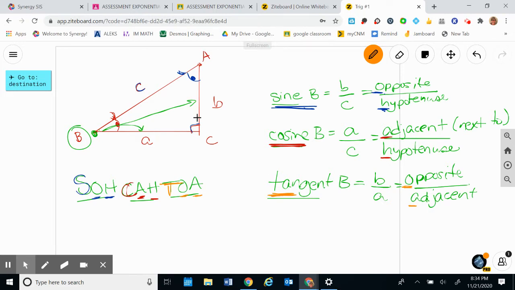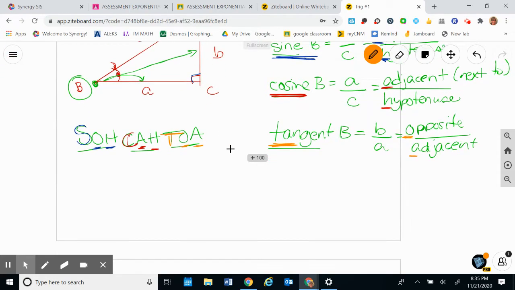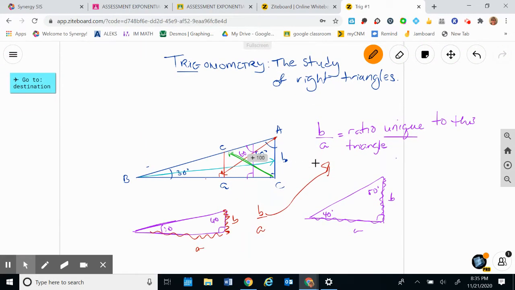So if you find the ratio, then you can identify the triangle. So like in the case of the 30, 60, 90, you don't know this right now, but let's say the sine of a 30-degree angle, which is B, okay? The sine of a 30-degree angle is actually equal to 1/2 or 0.5.